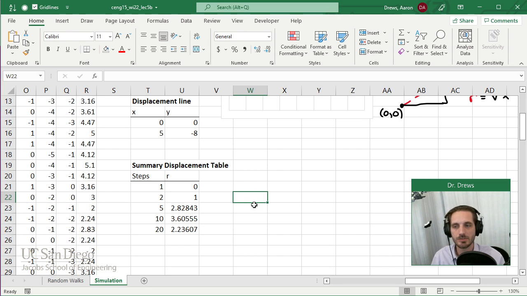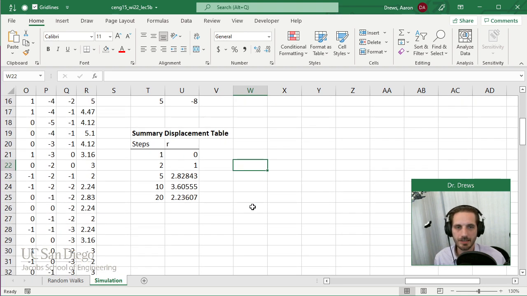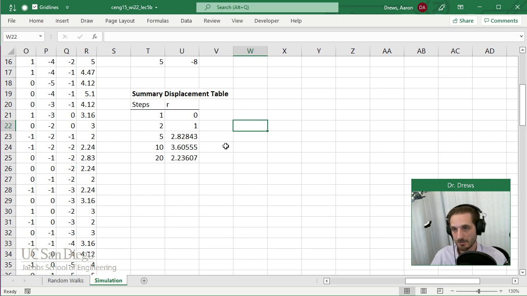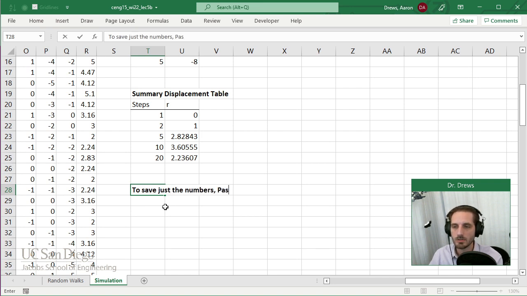I would like to be able to store those values somewhere and hold on to them for future analysis. The way to do that, because we're dealing with random numbers that will update every time, is a particular paste operation. So to save just the numbers, use paste values.